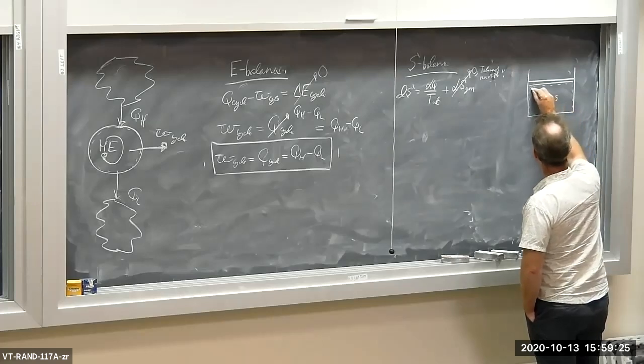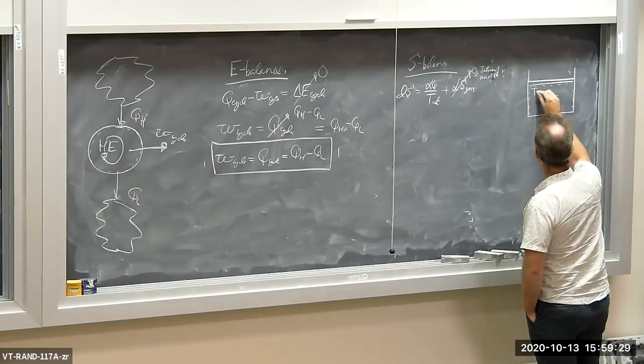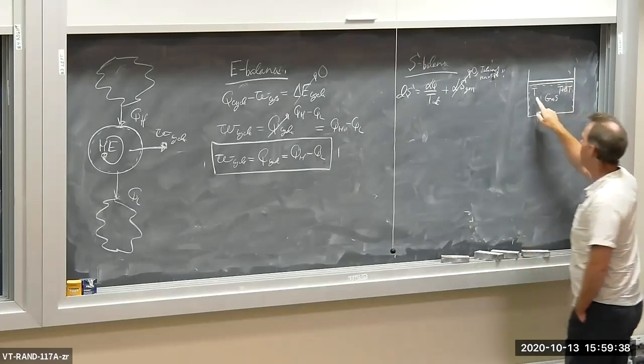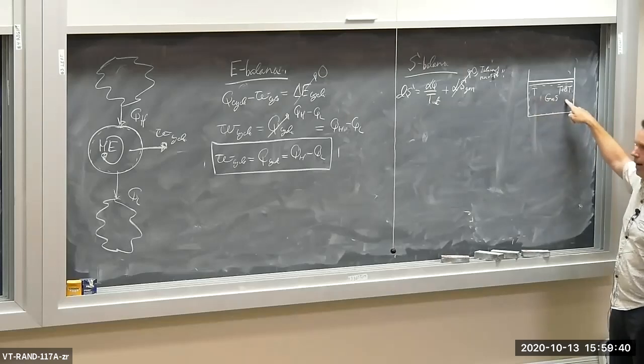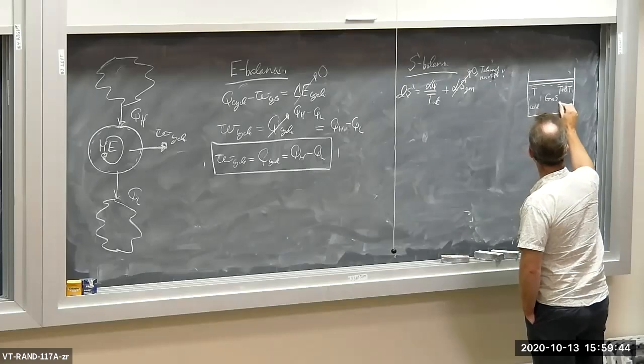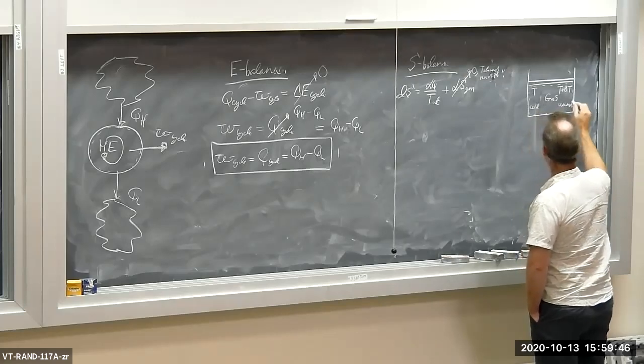Let's say we have a temperature over here, T, and then over here I have T plus a delta T. So it's cool over here and warm over here.